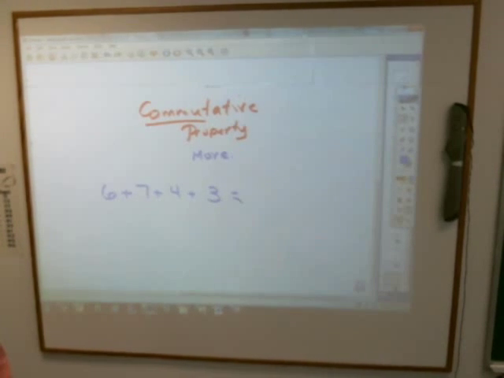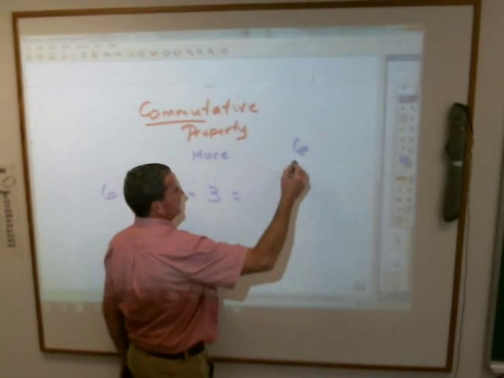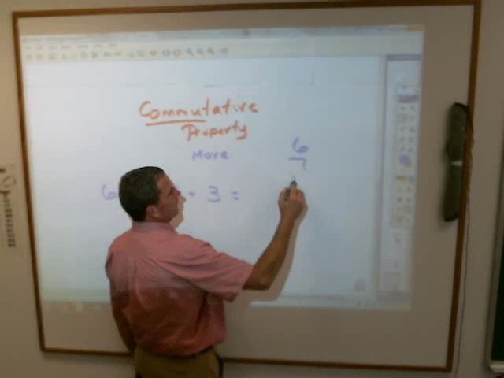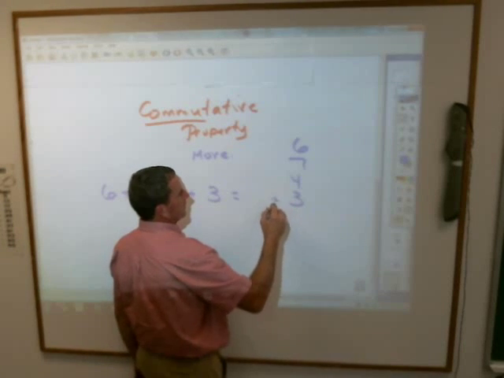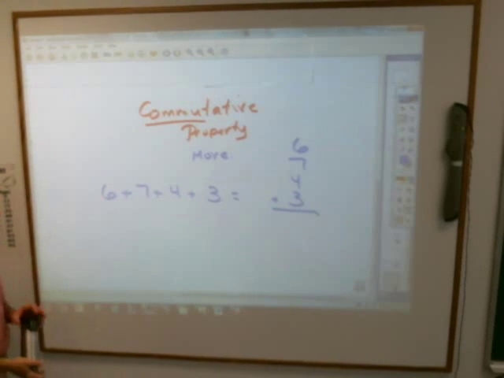The numbers near each other. Okay, but even still, 6, 7, 4, and 3. I'm not a big fan of going 6 plus 7 plus 4 plus 3, but Lauren says, you could do 6 plus 4 is 10, 7 plus 3.